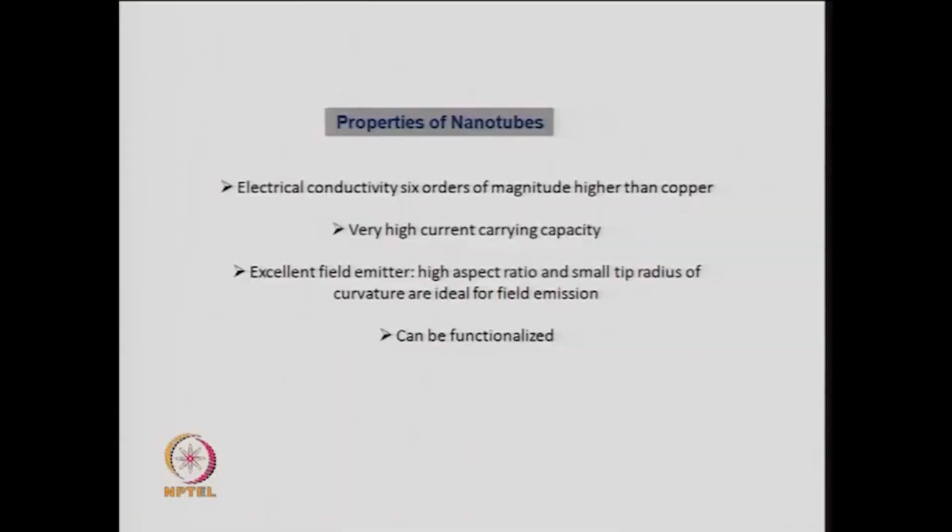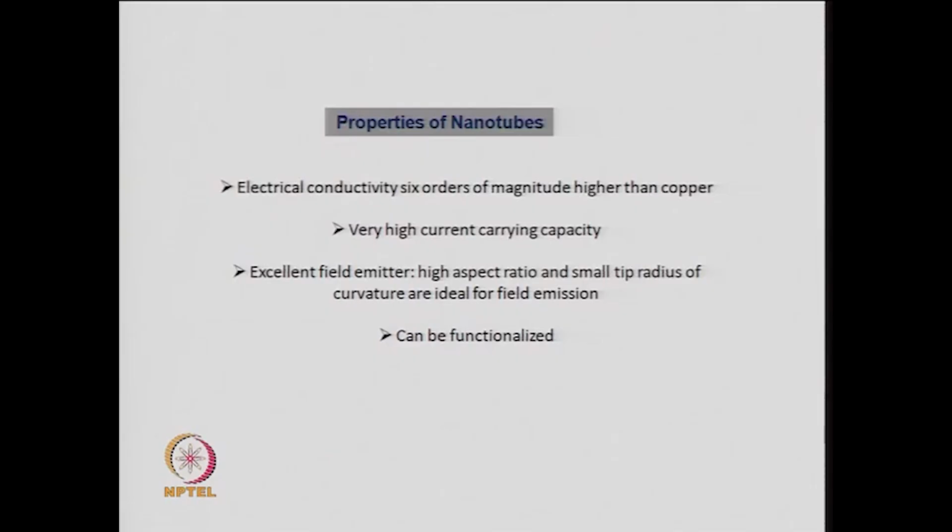Now, if the conductivity of copper is say around 10 to the power 8 ohm meter, then the conductivity of carbon nanotubes will be 6 orders of magnitude higher, that means 10 to the power 14.